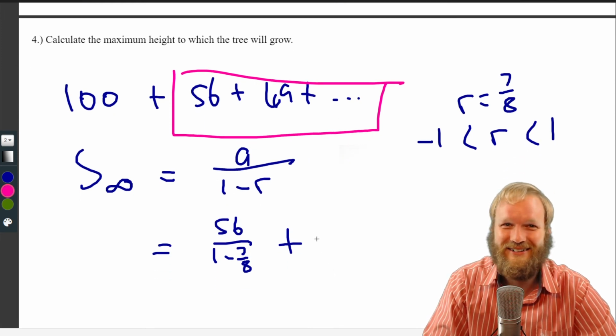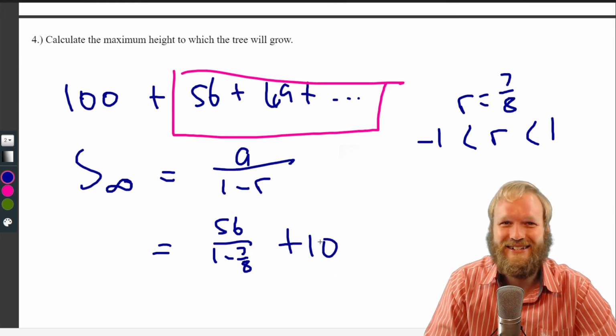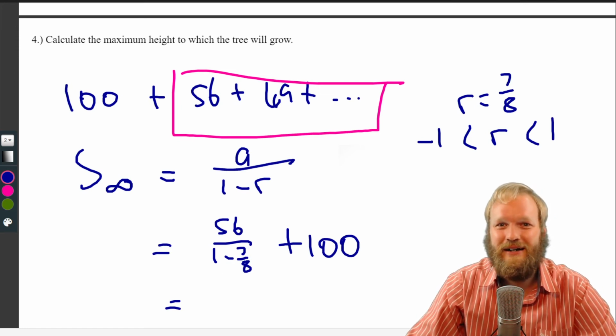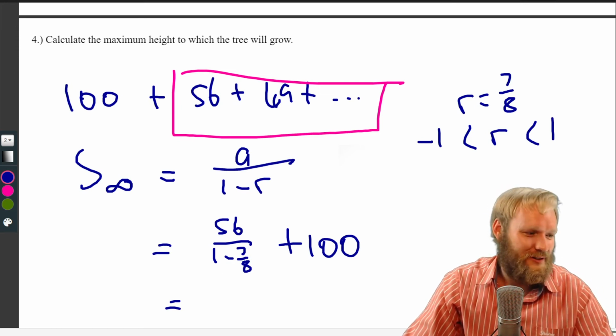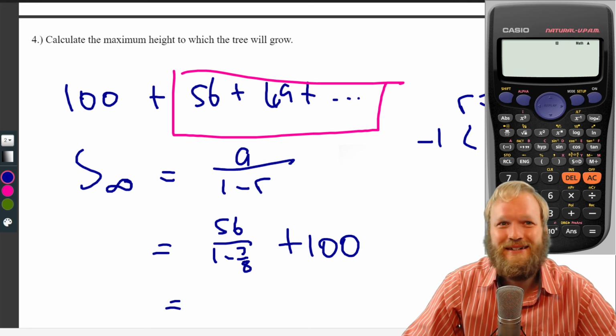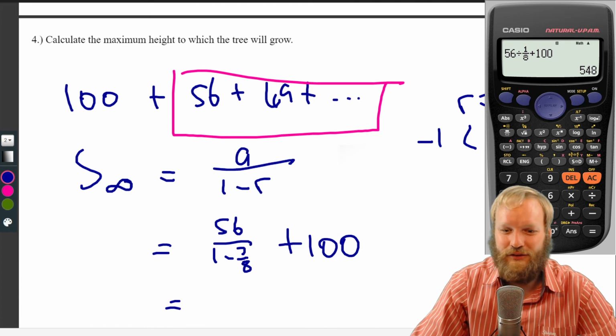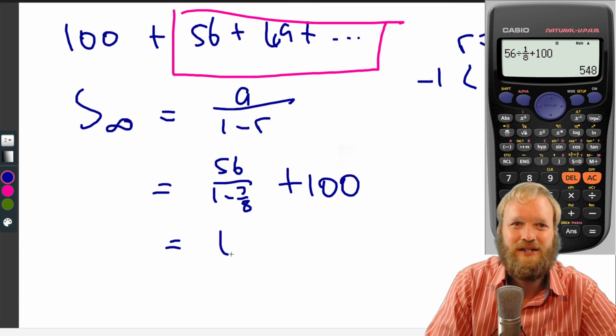Wow. We're cruising, hey? So plus 100 equals 56 divided by 8. Well, my dear friend over here is going to help us and say 56 divided by 1/8 plus that 100 after the first year, 548. So if we really wanted that, we might say 5,48 meters, but everything's been in centimeters.